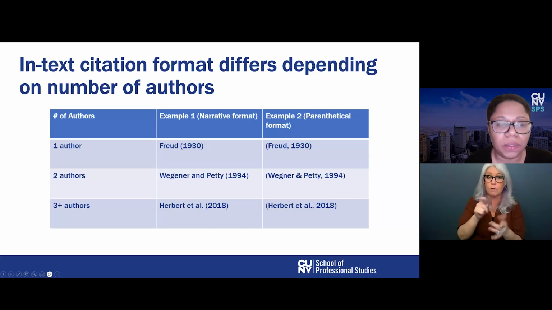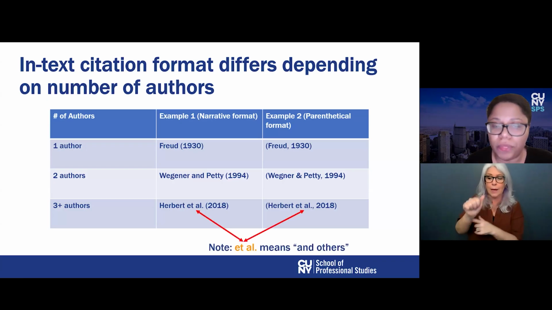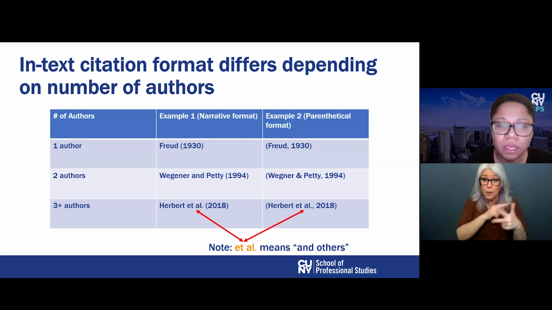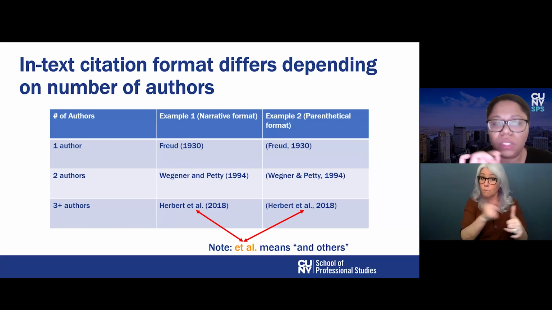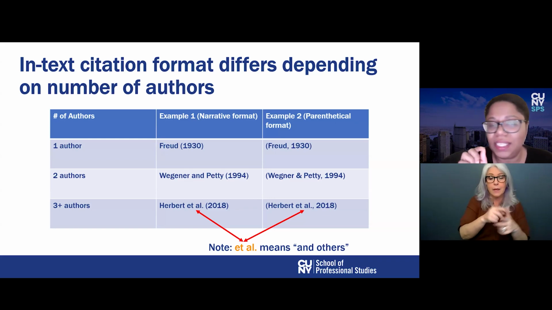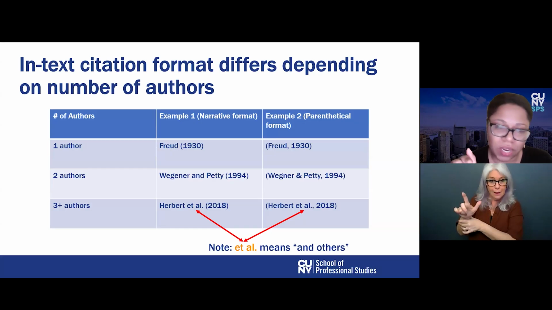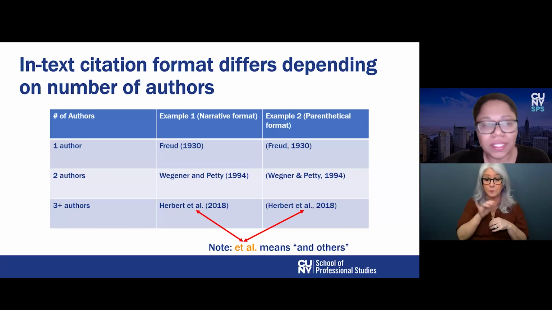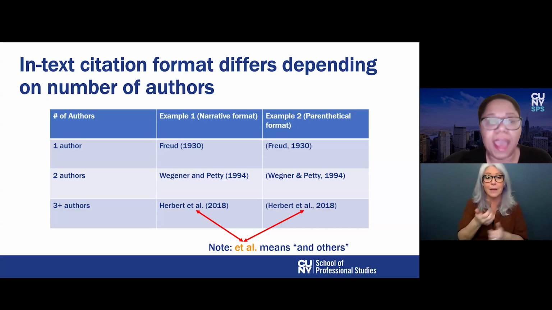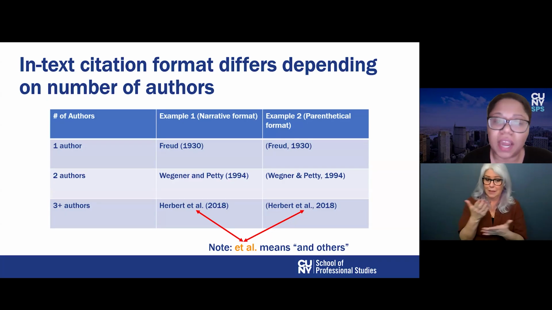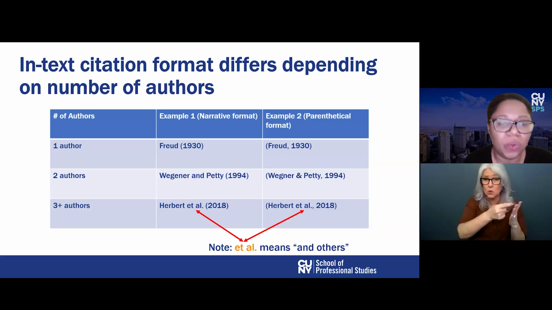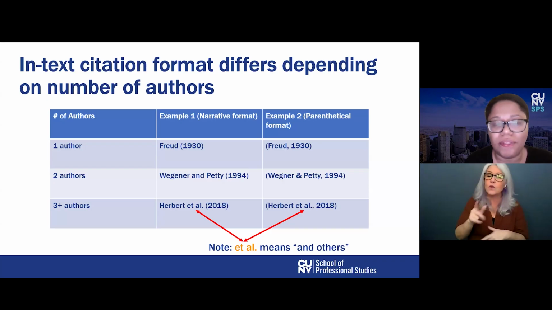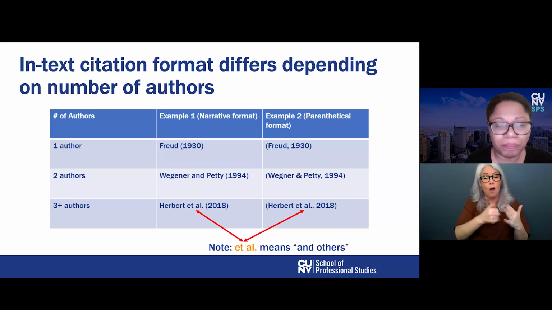If a source has three or more authors, you would then just list the first author, and then you would use et al., that means and others. Some sources can have dozens, if not over 100 authors. So using this makes your life easier instead of needing to write out every author's name in the text.